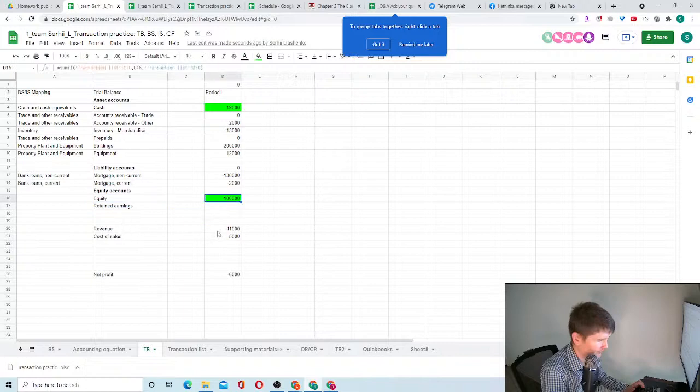When you generate some amount of money during the period, you generate net profit, and at the end of your period, when you close the period, your net profit increases your equity. I will show how it balances on the balance sheet in the next lecture.